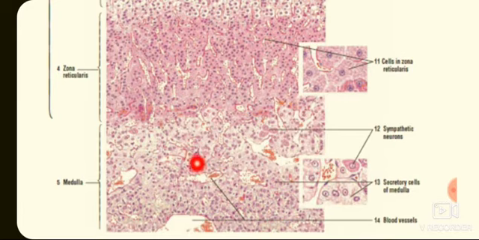A sinusoidal capillary network is present between the cells, and a few parasympathetic ganglia are also seen in the adrenal medulla. The medulla secretes two catecholamines, epinephrine and norepinephrine.